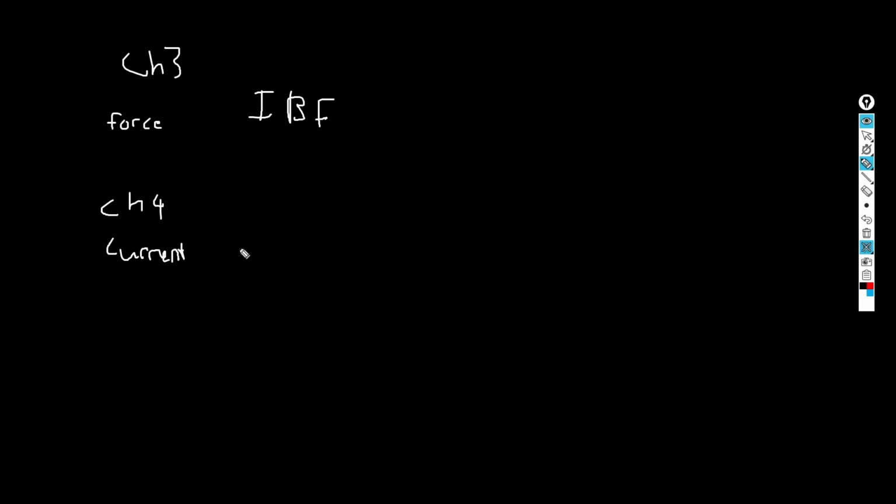When chapter 4, when current is being generated, you use F, B, I. Why? Because current opposes the force. This is Lenz's law. Current opposes the force being generated. Okay? And by current, we mean the flow of positive charge.